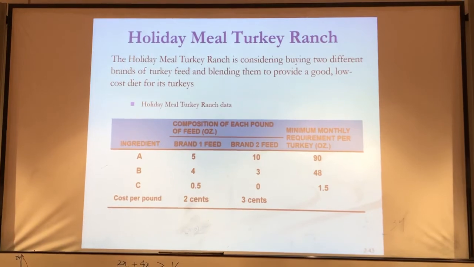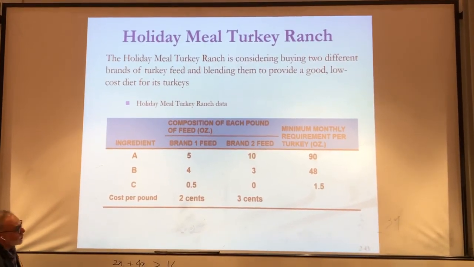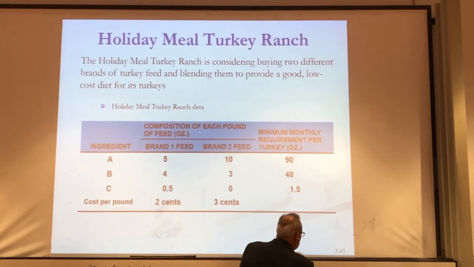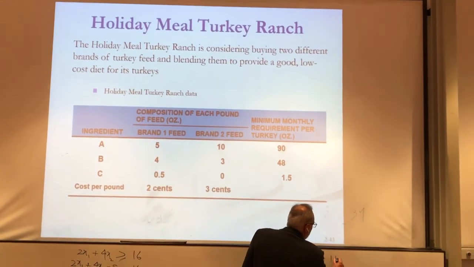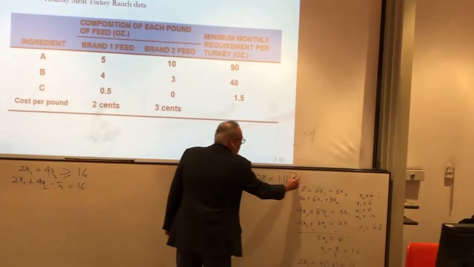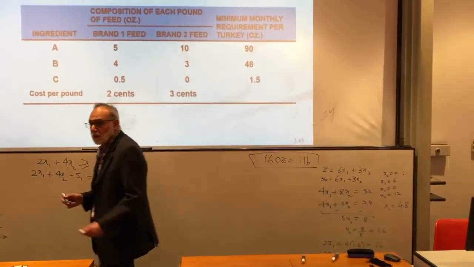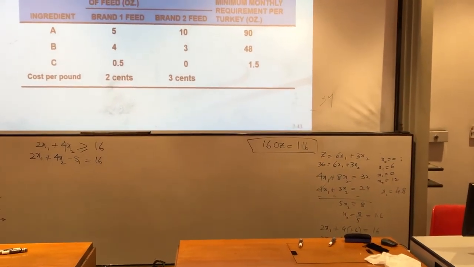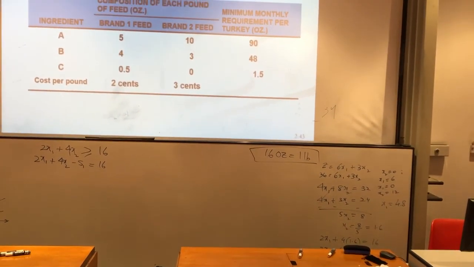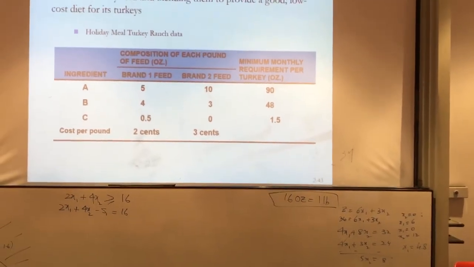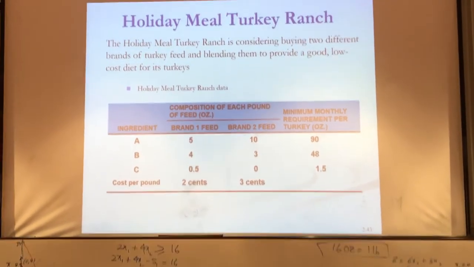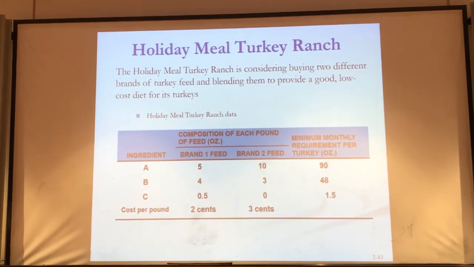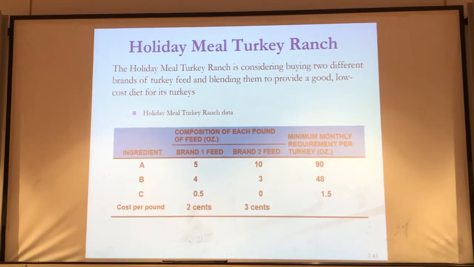Please note, since this is the British system, 16 ounces is equal to 1 pound. Here in 1 pound, brand 1 has ingredient A 5 ounces, ingredient B 4 ounces, and ingredient C 0.5. And the cost per pound of brand 1 is 2 cents.